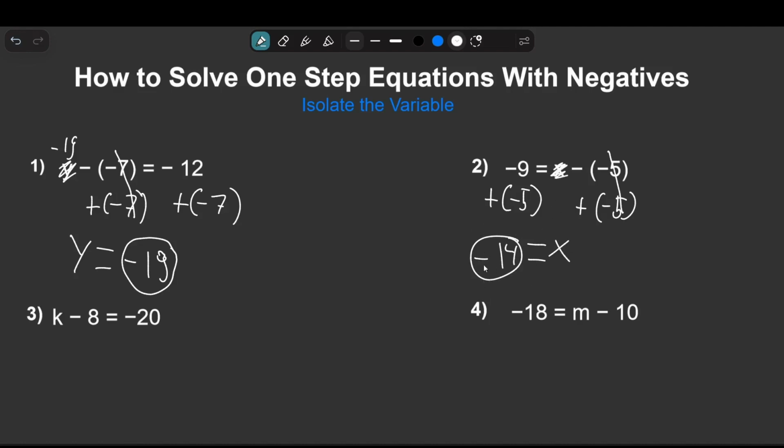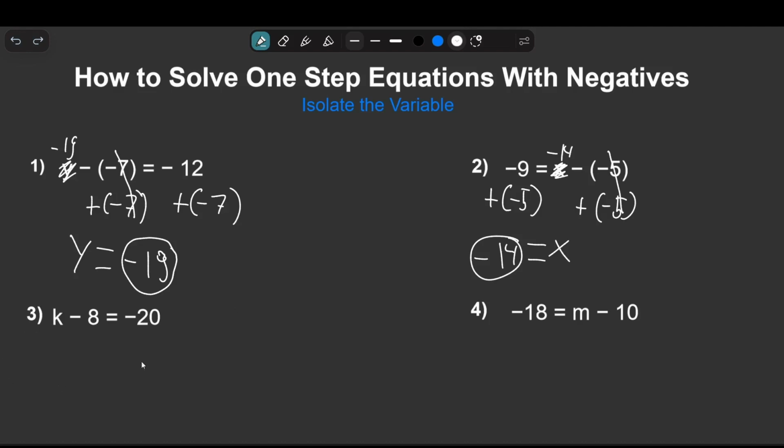We're going to cross our variable out and plug in our minus 14. Now minus 14 minus minus 5 will increase in value, because we are taking away minus 5. So minus 14 minus minus 5 will be minus 9. That tells us that our final answer of minus 14 is correct.